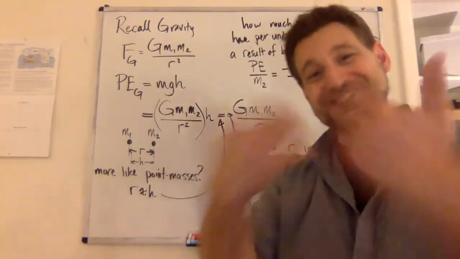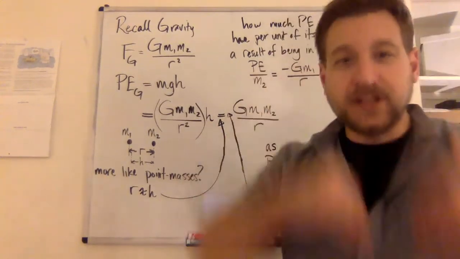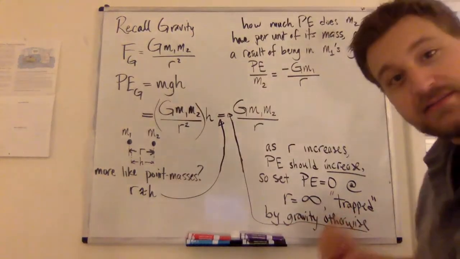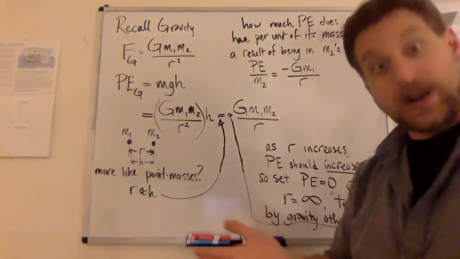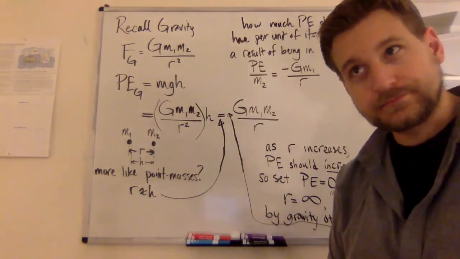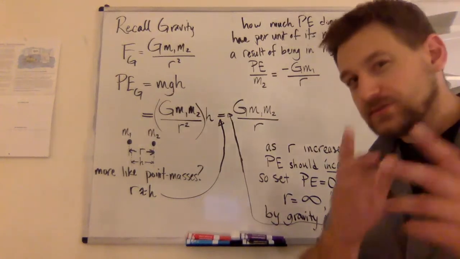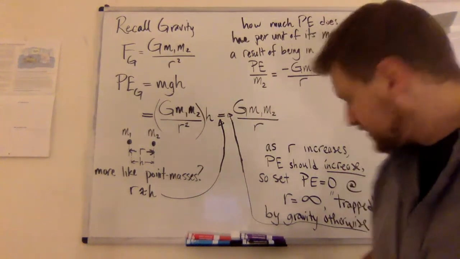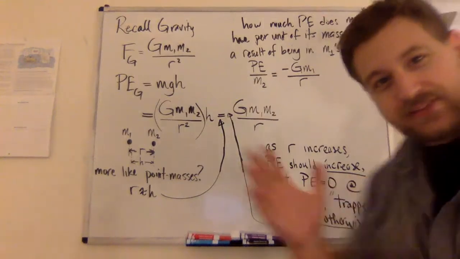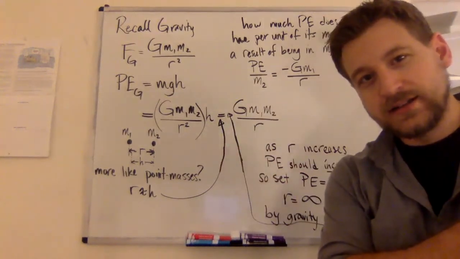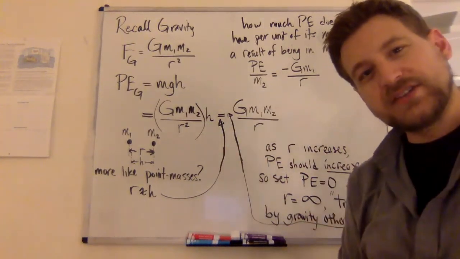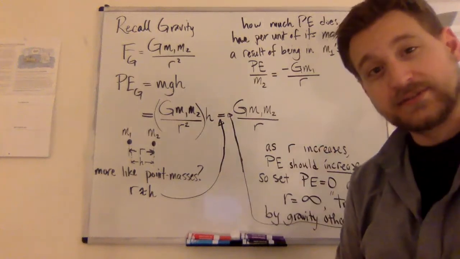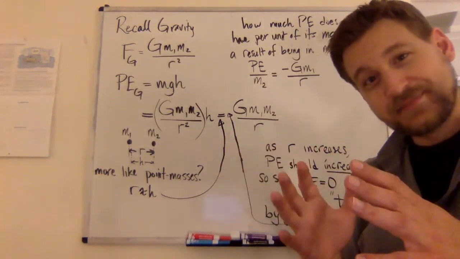We would have to put energy in to overcome the fact that we're stuck in the gravity trap. So I'm going to argue that it makes sense to set 0 as infinitely far away and set the potential energy value to negative when we're closer.